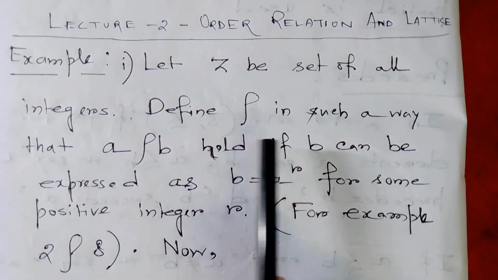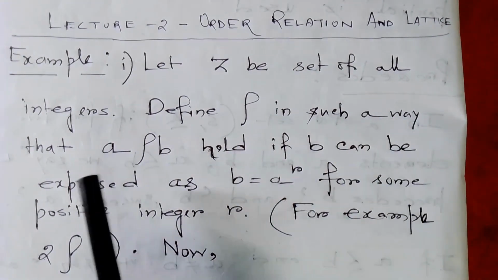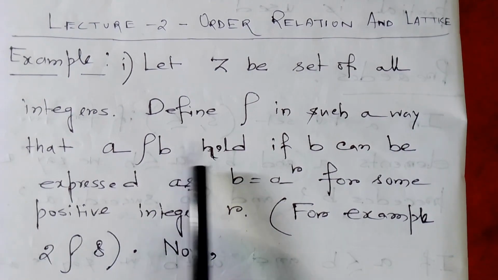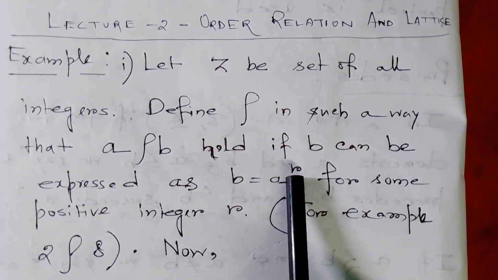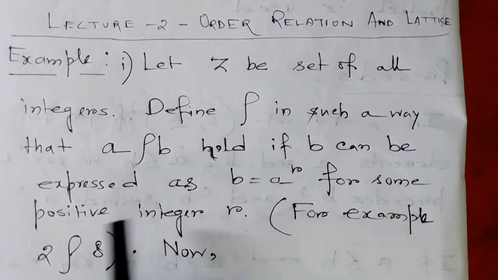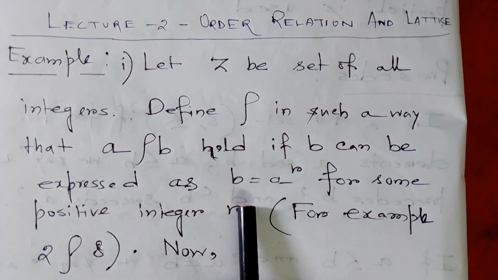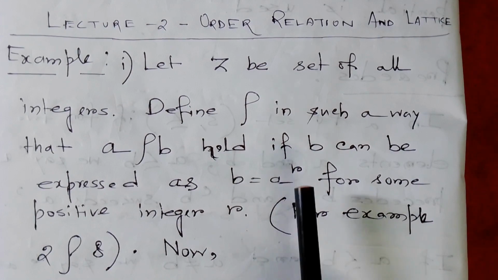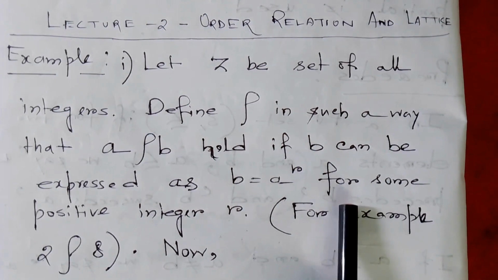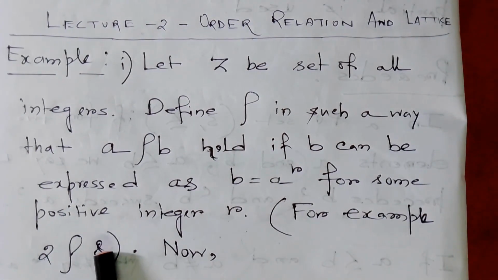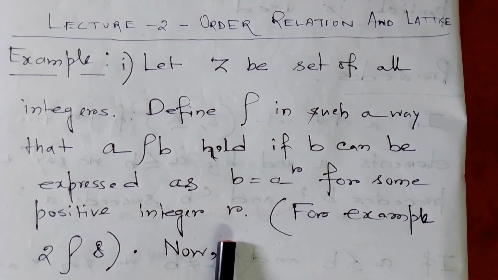Define rho in such a way that A rho B holds if B can be expressed as B is equal to A to the power R for some positive integer R.